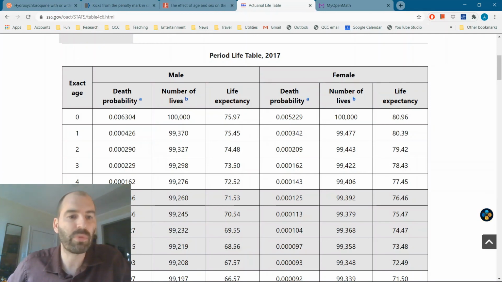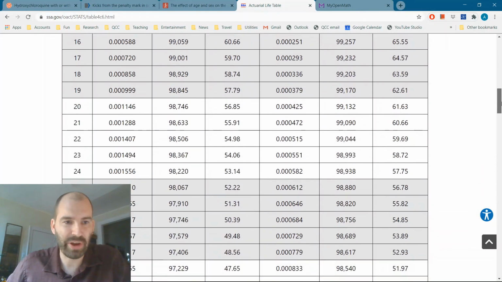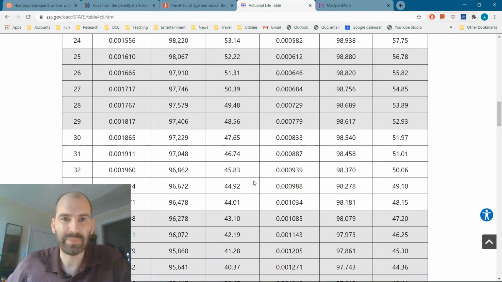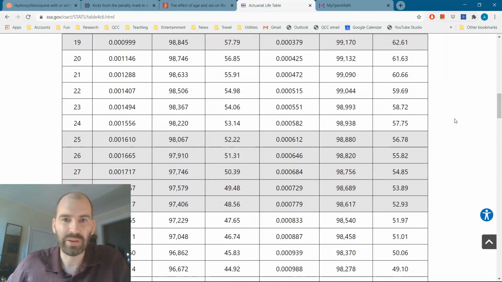So if you are 4 years old right now, and you're male, you can expect to live for another 72.5 years. If you're female, you can expect to live for another 77.5 years, right? And you can go find your age on here and see what your life expectancy might be.